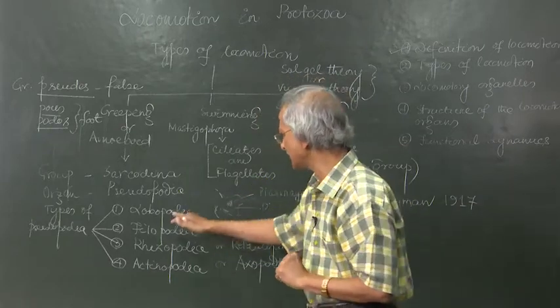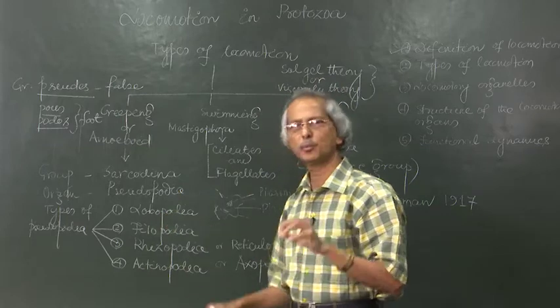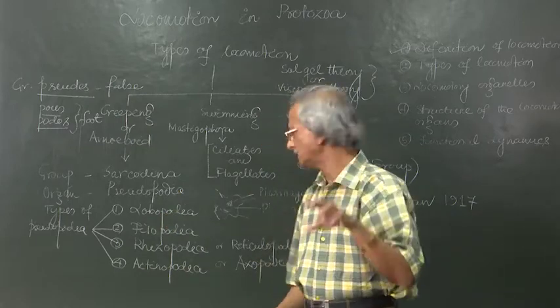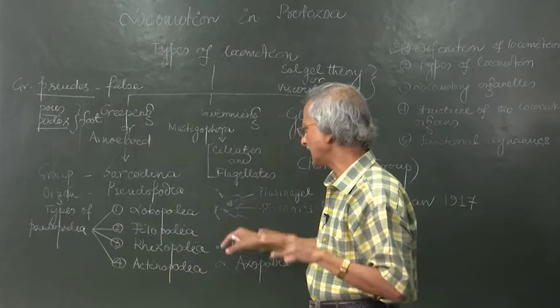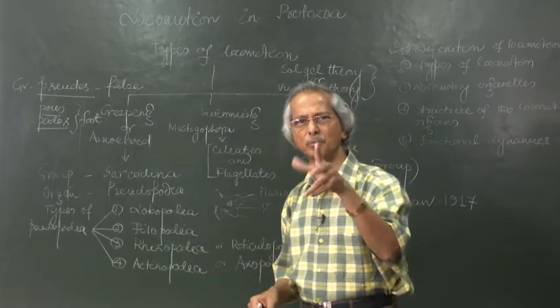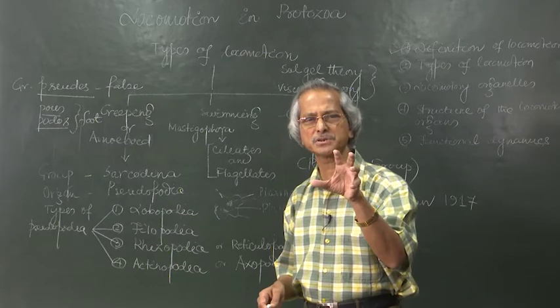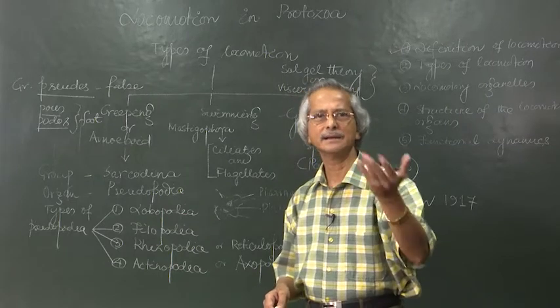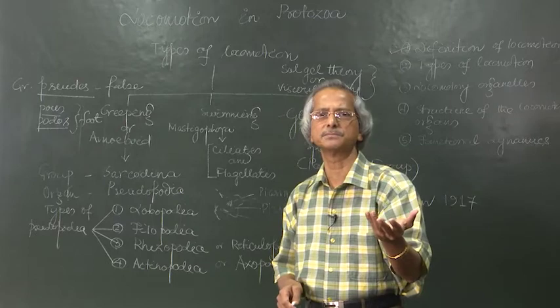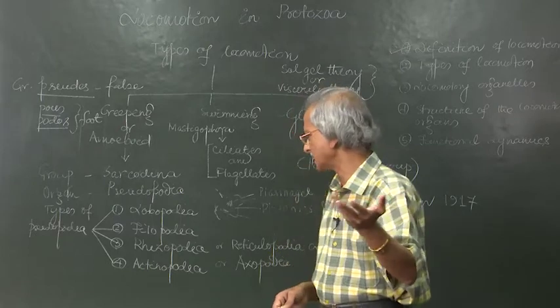That exactly is known as lobopodia. Lobos means finger-like projection that is found in amoeba, and they move by this sol-gel movement. The animal gets a chance to develop finger-like structures, and it becomes convenient to move from one place to another.